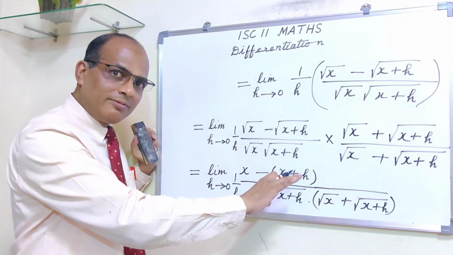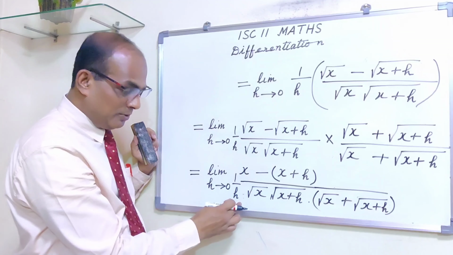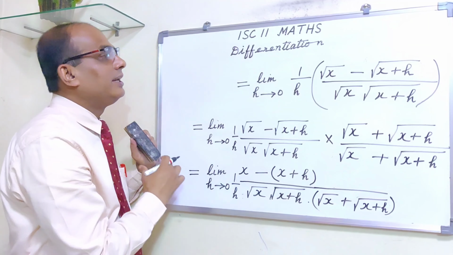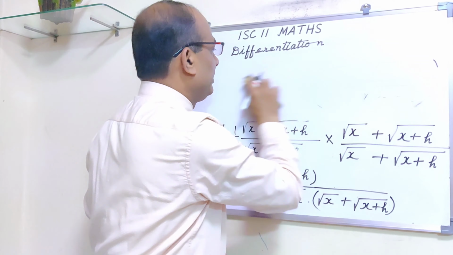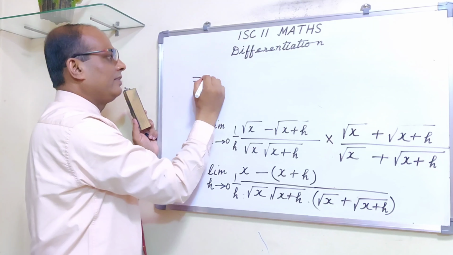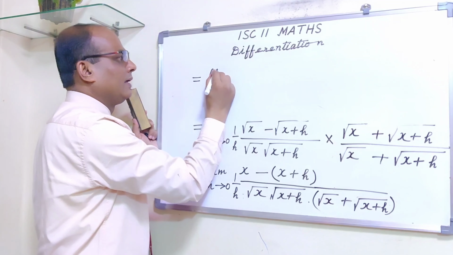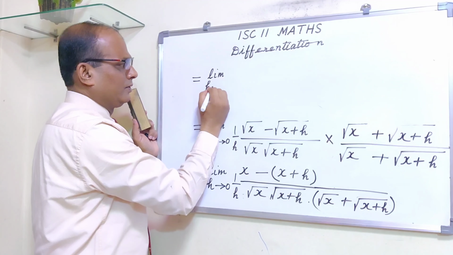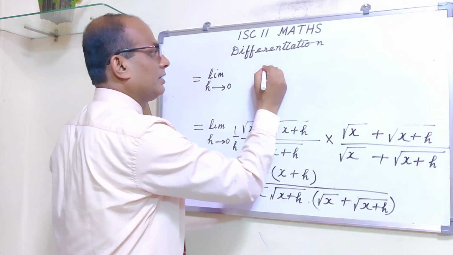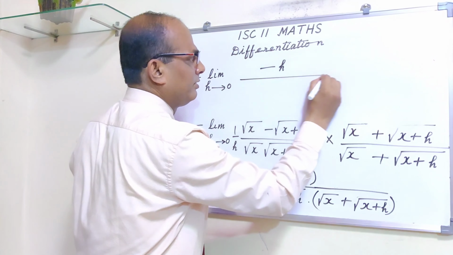Once you open that step, you can write down x minus h, and then whole divided by everything, again copy. So x and x cancel and you get minus h upon this total. So then you are getting is equal to limit h tending to 0, minus h whole divided by h.